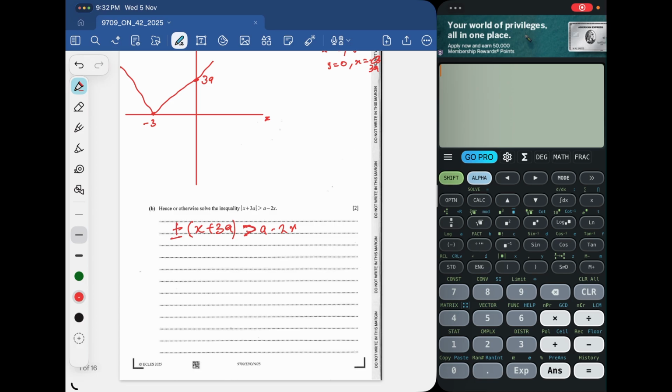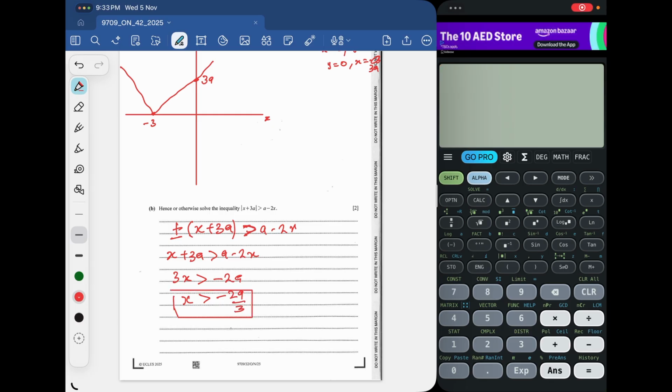I'm doing the plus one, so x plus 3a greater than a minus 2x. So this will be 2a is greater than minus 3x. I'll just move it to this side, I think it's better. So 3x is greater than minus 2a. So x is greater than minus 2a over 3.